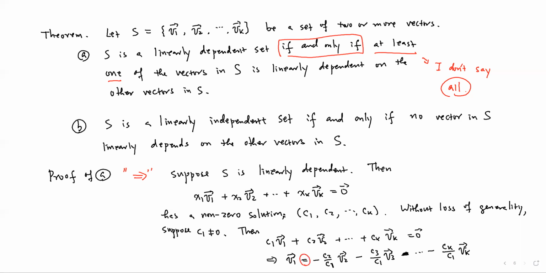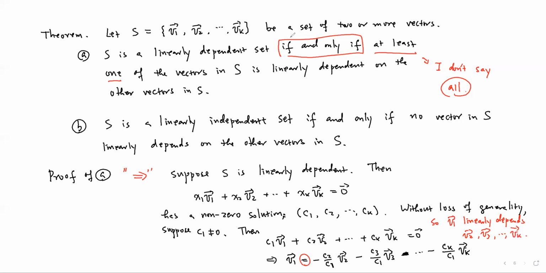This is a linear combination. By definition, when I can write a vector as a linear combination of other vectors, we say that the vector depends on the other vectors. So V1 linearly depends on the other vectors, V2, V3, up to VK.